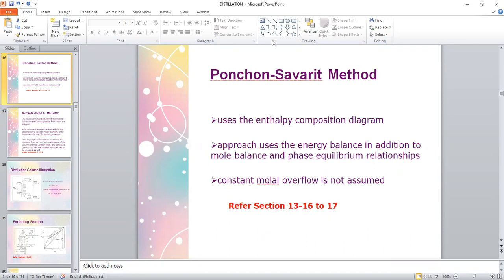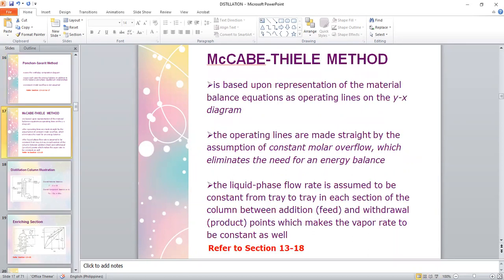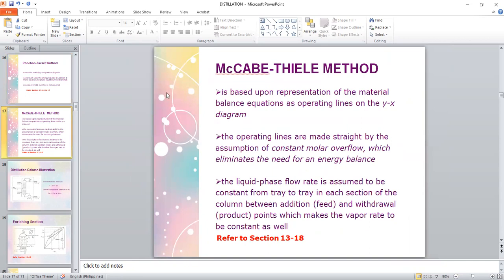Now, there is this mention of constant molal overflow. So what is the constant molal overflow assumption, which is the main assumption being used in the McCabe-Thiele method? This method we will be using all throughout our discussion here for distillation.